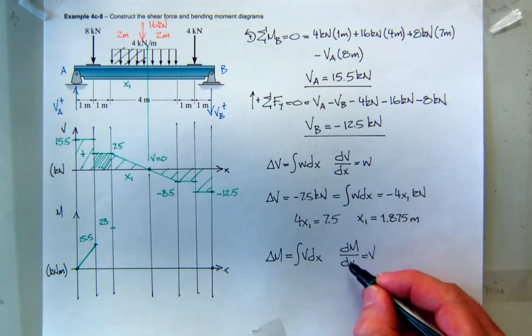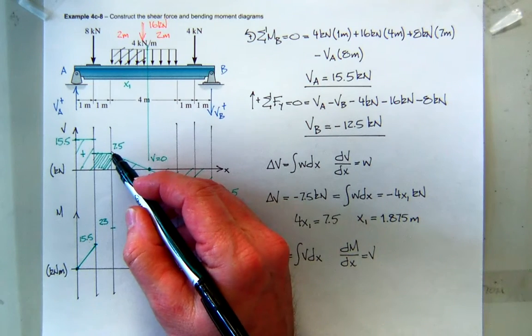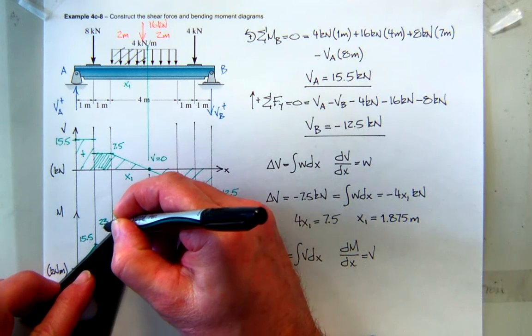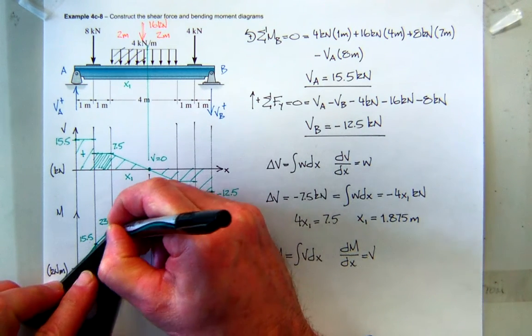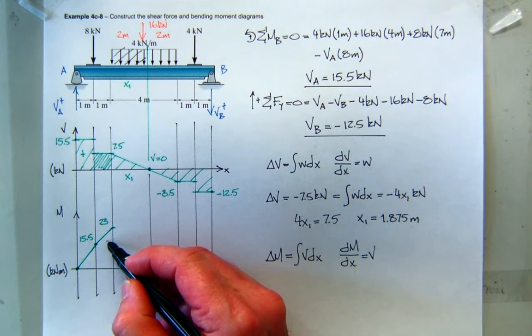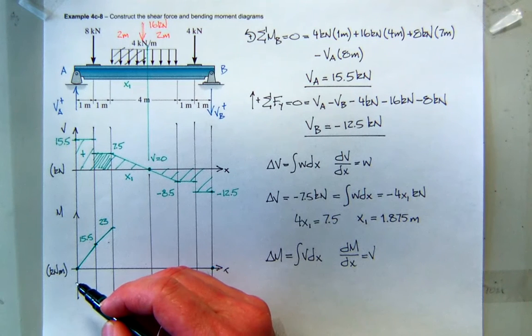And again, the slope is equal to the shear. The shear value is smaller, 7.5. It's still constant. I didn't draw it that well, so this slope is steeper than that slope. This slope would be 15.5, and this slope would be 7.5. I didn't really draw it to scale very well.